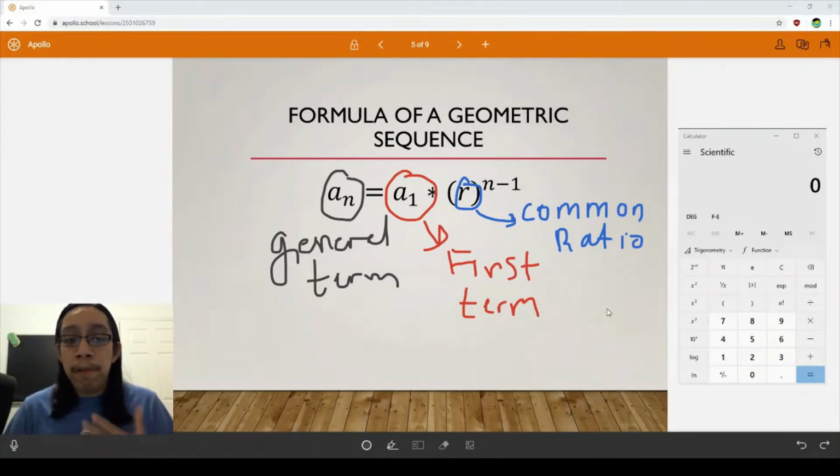So a key thing here is that it's very similar to the formula of an arithmetic sequence. Our main goal, like always, is focusing on where the first term is and how we can use the common ratio to start looking for newer numbers. So let's get into some examples.